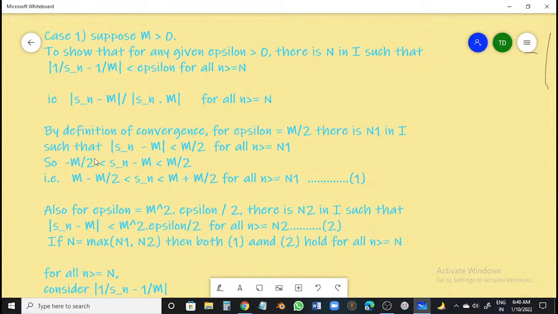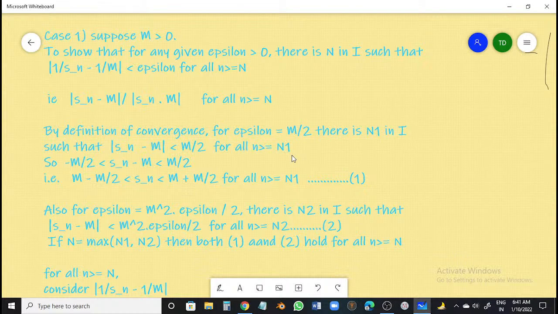So what is going to happen? The difference between Sn and m is smaller than epsilon, meaning m by 2, after crossing that particular n. Let us once again revisit. We know Sn is convergent. So for any given epsilon, we will be able to get a natural number.